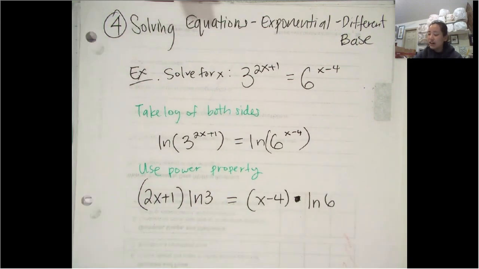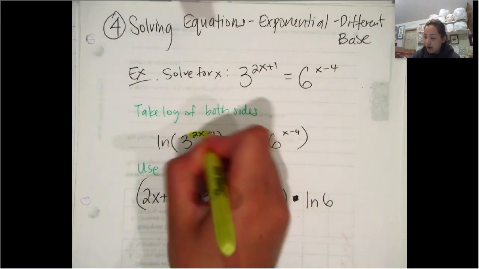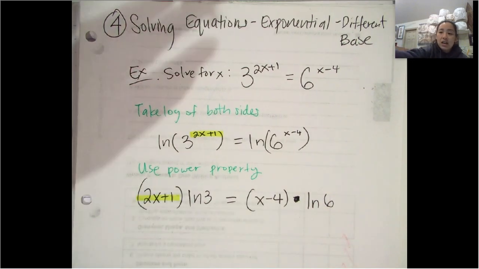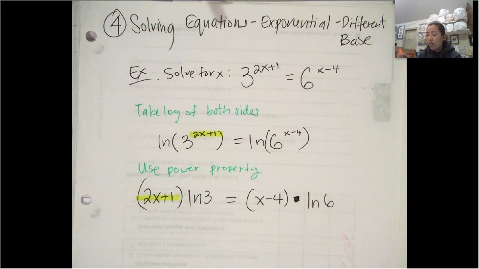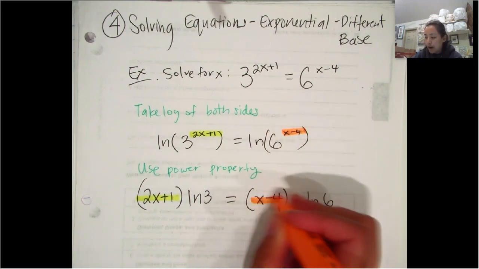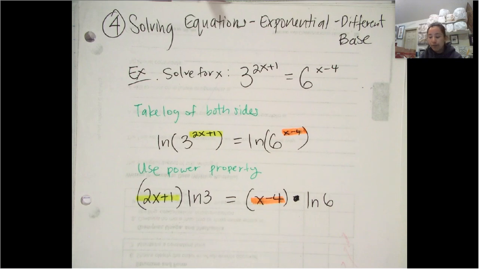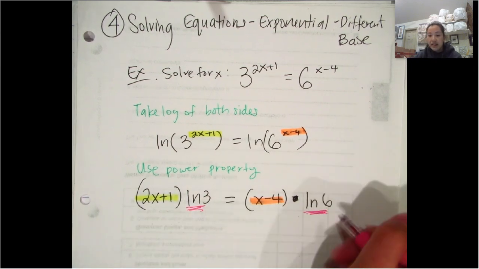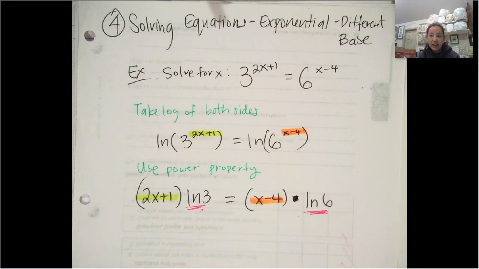Okay, so just a reiteration, what we did a second ago was we used the power property to bring the exponent to be the coefficient of the logarithm. So we took this x minus 4, and we brought it to the front, and that's like the coefficient. Something that I also want you to be aware of is ln of 3 and ln of 6. These are both numbers. They're constants.